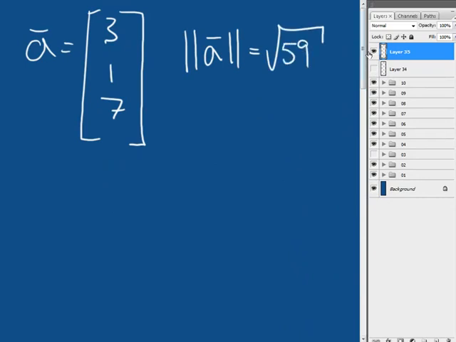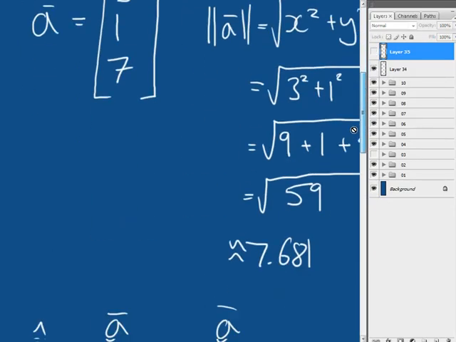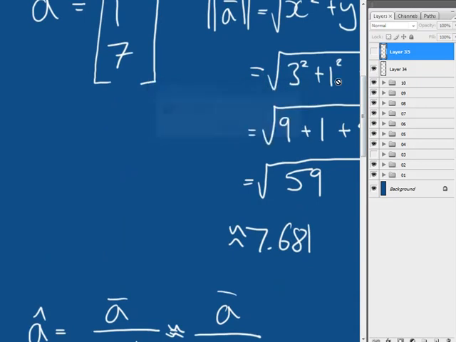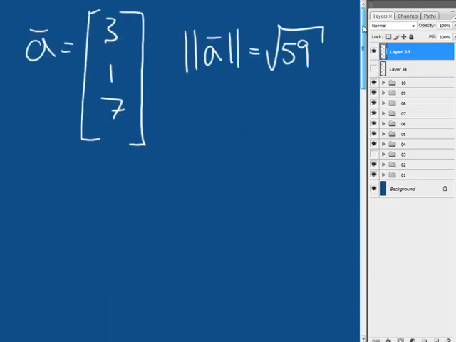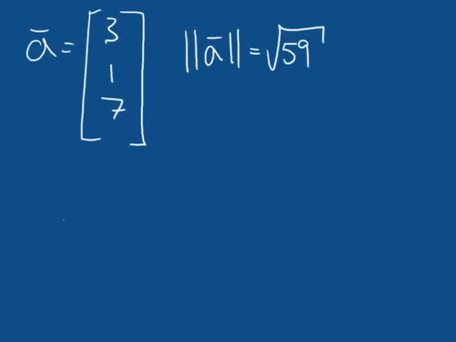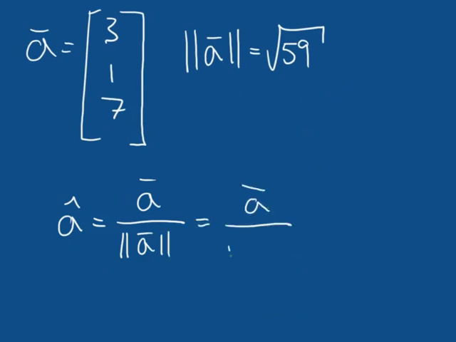We'd already calculated that here. So we know to find the unit vector in the same direction as A, we need to normalize A, and that means we need to take A and divide it by the magnitude of A, which means we divide it by the square root of 59.